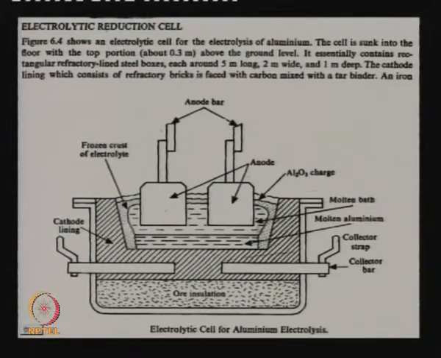This carbon electrode gets consumed, so it has to be changed from time to time. A fresh one is brought and screwed on, or there are today Soderberg electrodes, where a carbon paste is continuously sent down through a pipe, and the paste gradually solidifies at high temperatures and becomes the anode, but it is consumable.